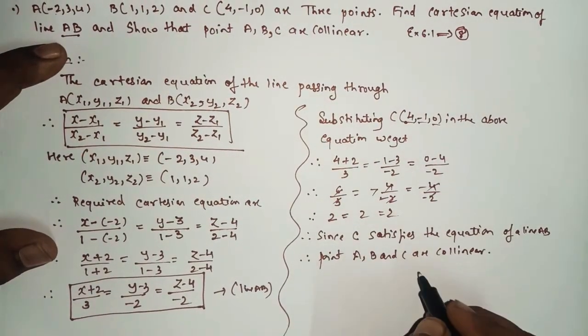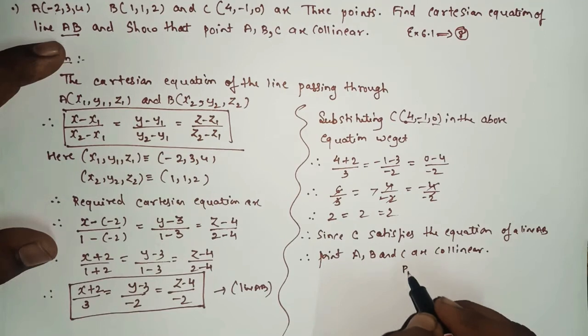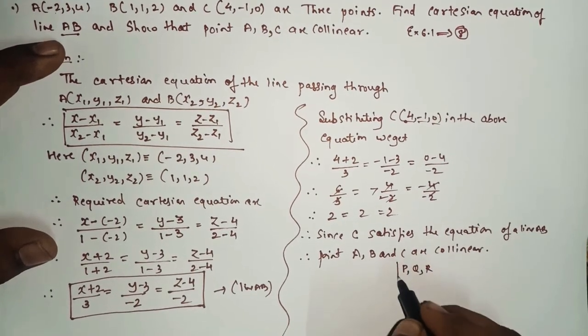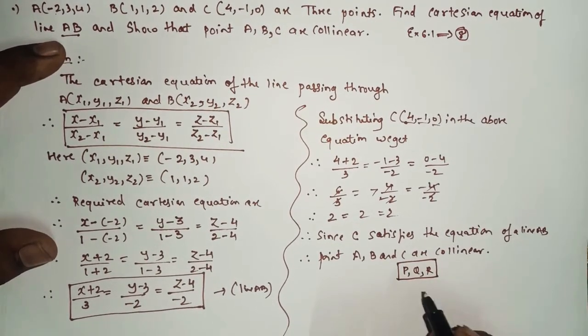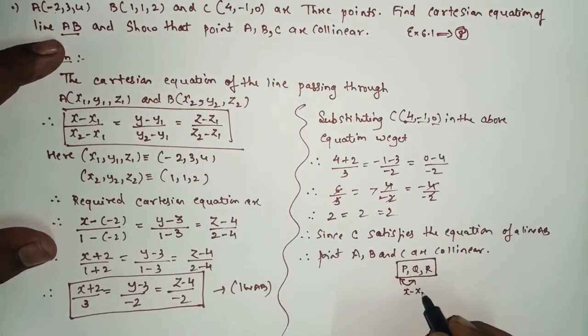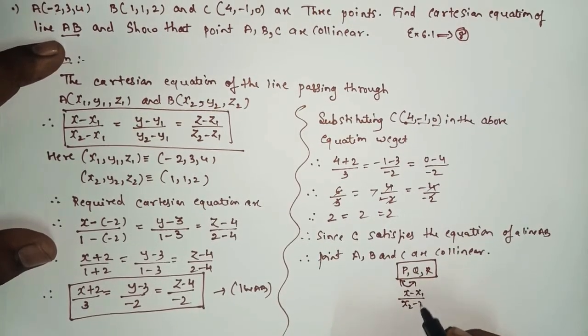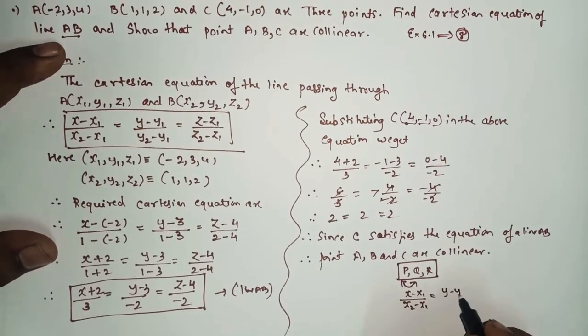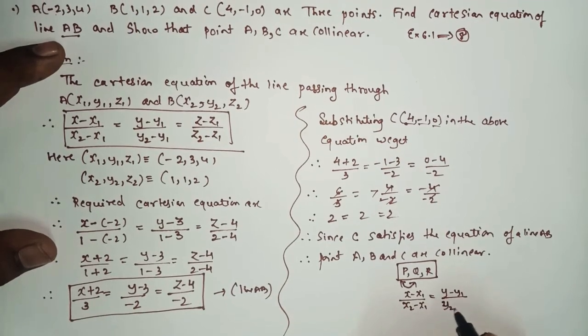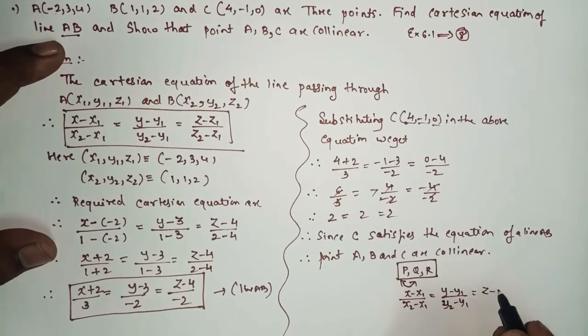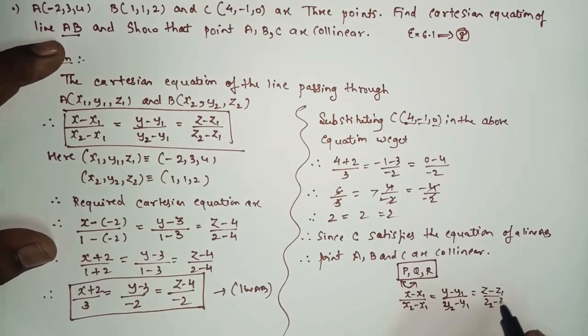So we'll take one more example. Suppose you want to show that these are the 3 points, P, Q and R, and you have to show they are collinear. First you will find the Cartesian equation between these 2 points by using the formula x minus x1 upon x2 minus x1, y minus y1 upon y2 minus y1, and z minus z1 upon z2 minus z1.